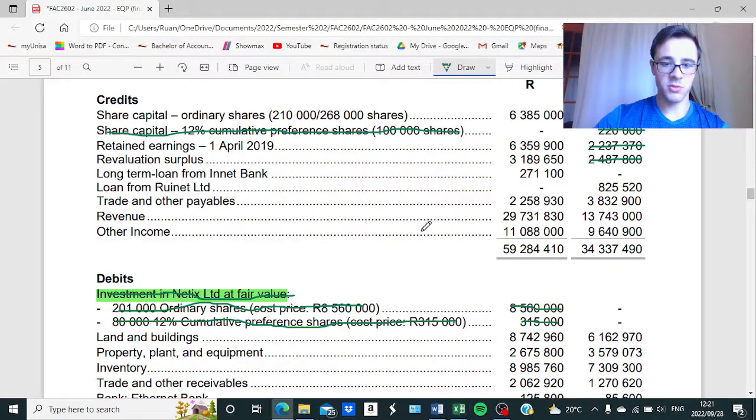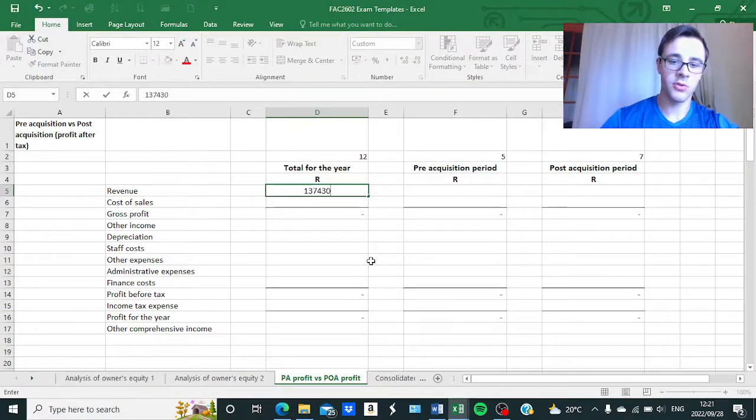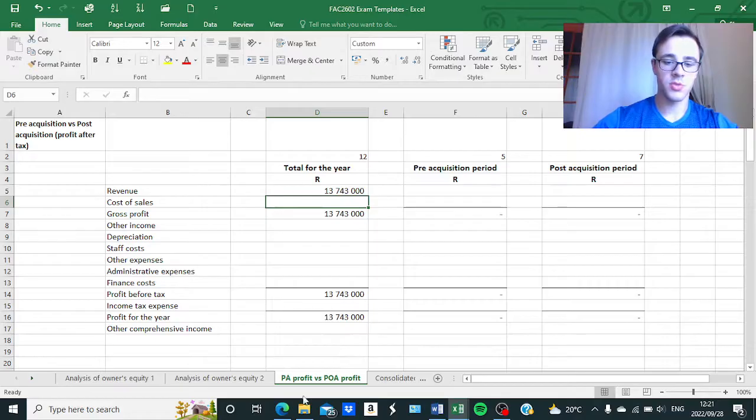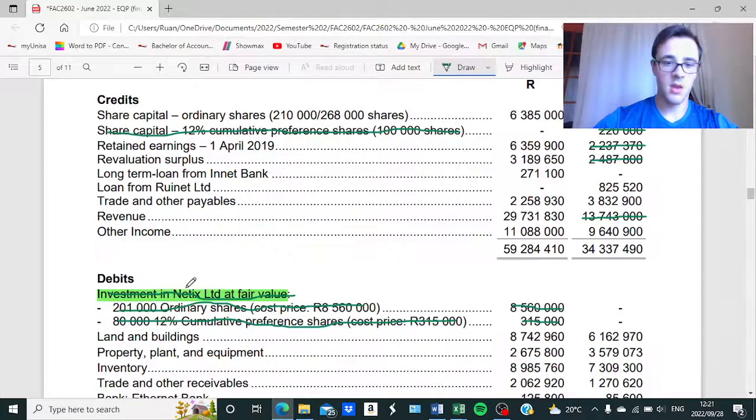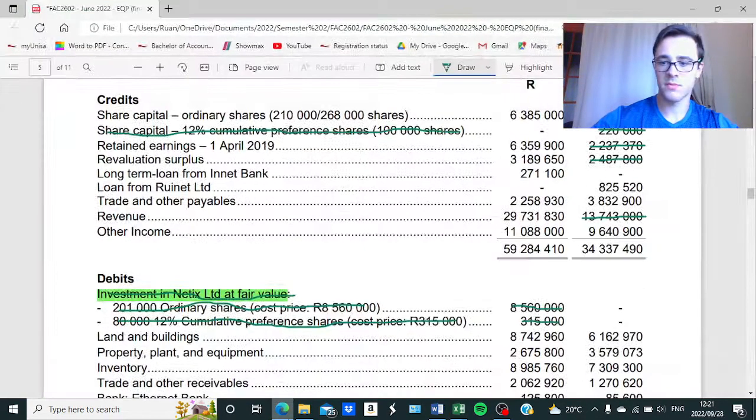Alright, so we start with revenue for the subsidiary, so that would be 13,743,000. Then we have other income of 9,640,900.